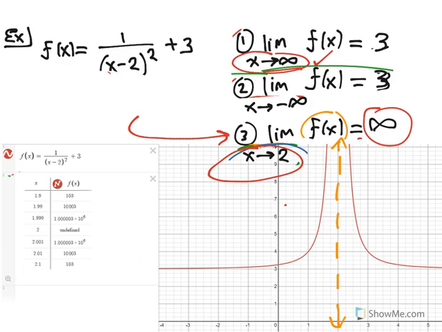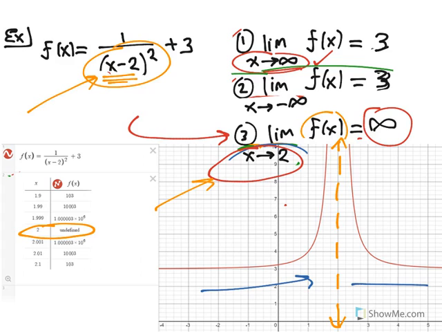Now, first of all, you've got to understand that x can never be 2, because if x were equal to 2, the function would be undefined, because you would have division by 0, which is undefined, and you see that in the table. But as the input values get closer and closer to 2, either from the left of 2 or from the right of 2, the output values just increase without bound, so the graph has a vertical asymptote at x is equal to 2.